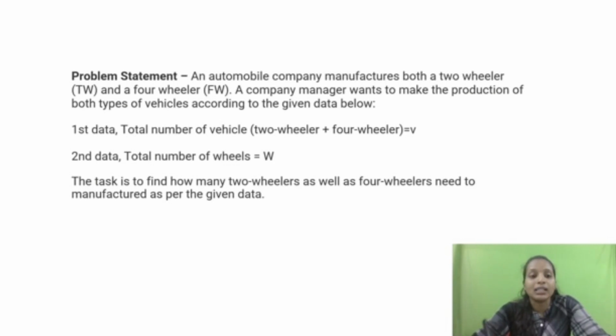The second data is the total number of wheels, denoted by W. The task is to find how many two-wheelers and four-wheelers need to be manufactured as per the given data. We input two values, the total number of vehicles and the total number of wheels, and find how many two-wheelers and four-wheelers can be manufactured accordingly.